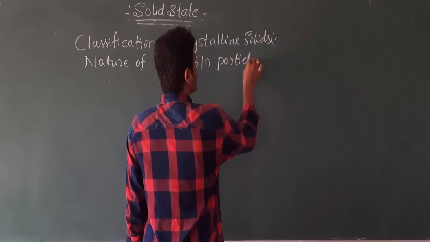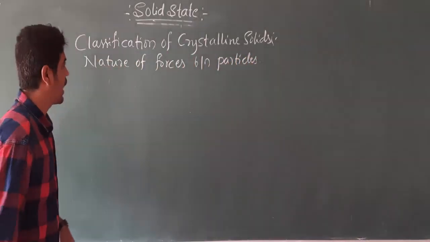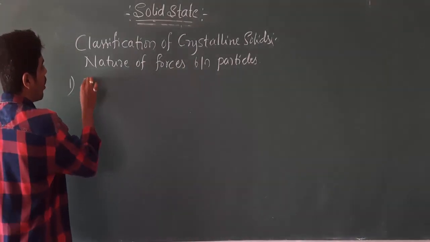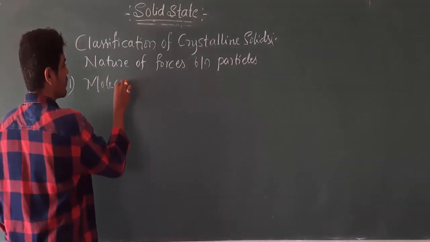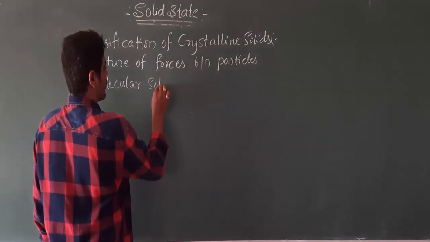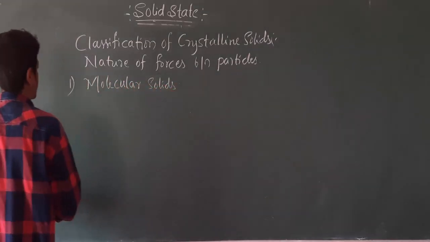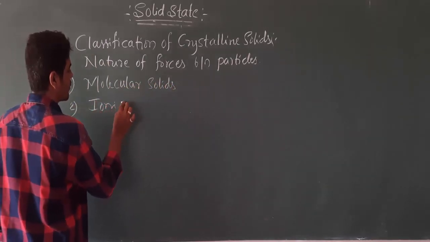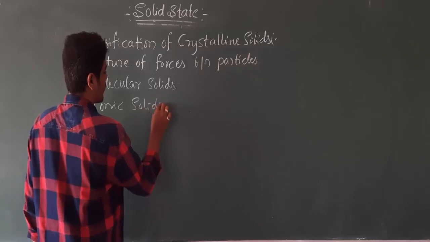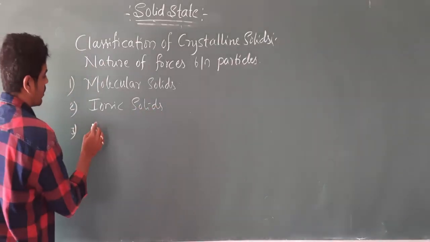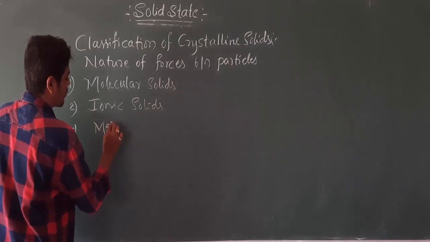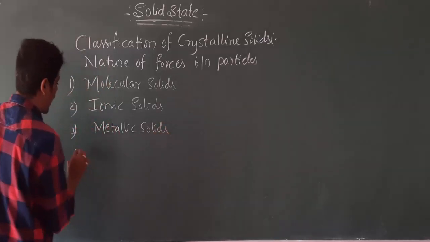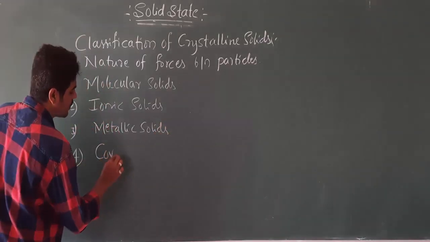On the basis of that, the crystalline solids are classified into molecular solids, ionic solids, third one metallic solids, and the fourth one covalent solids.